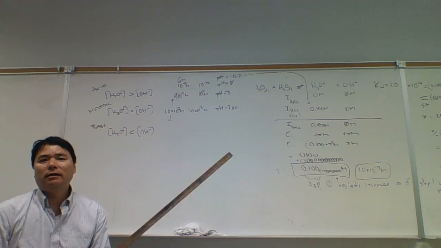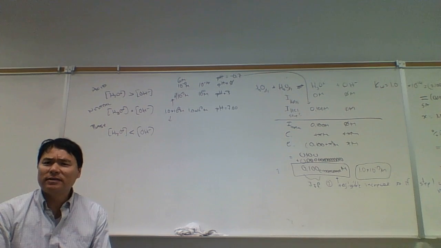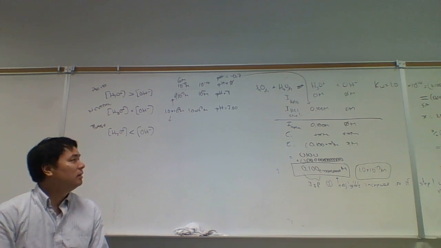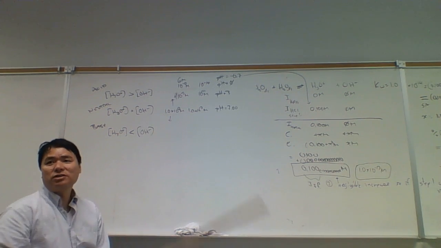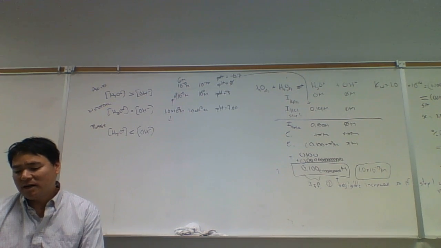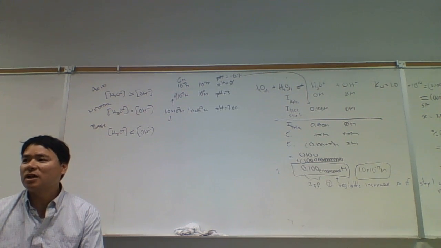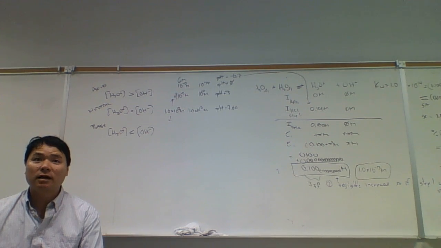Well, anyway, they didn't talk about this because really you should use activities instead of ideal or stoichiometric concentrations, and that's beyond the scope of Chem 4. And so when you were doing pH calculations, they never went below 0, otherwise you'd be getting the wrong answer.